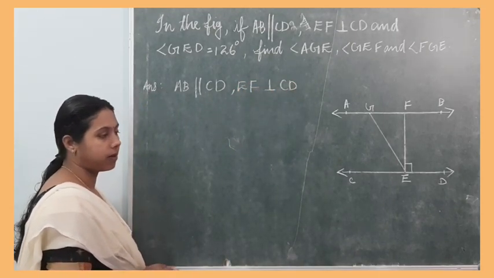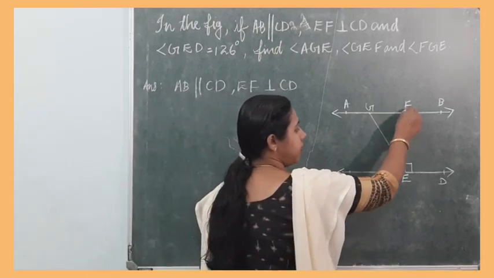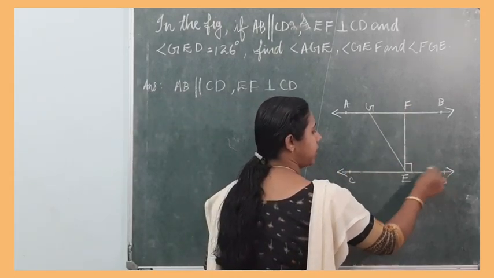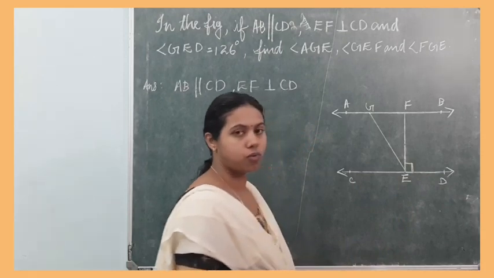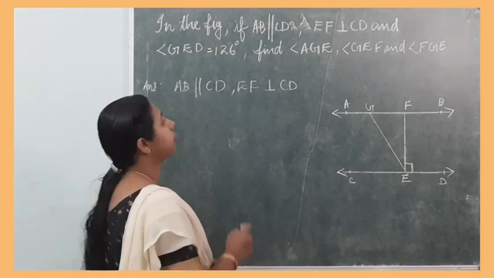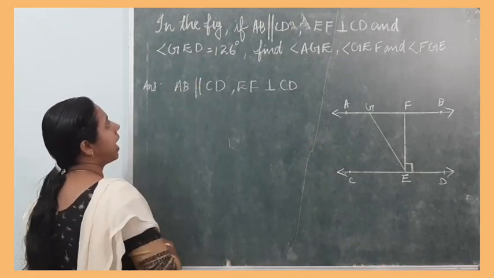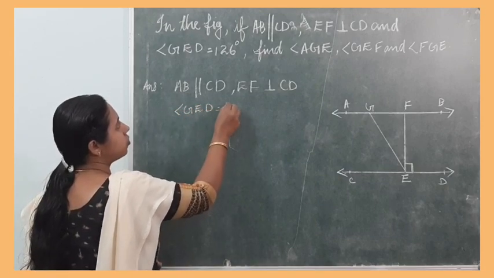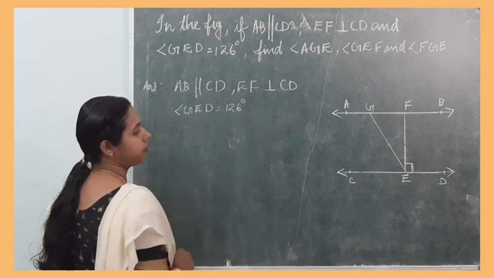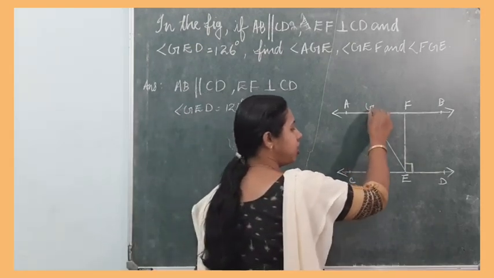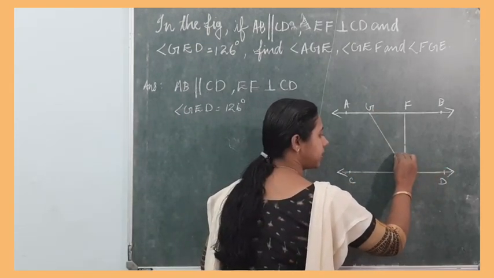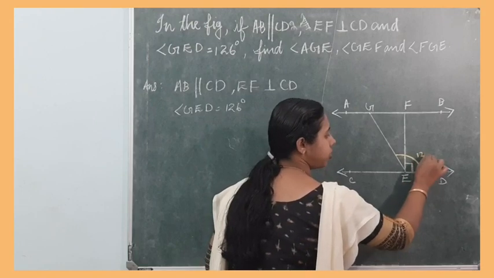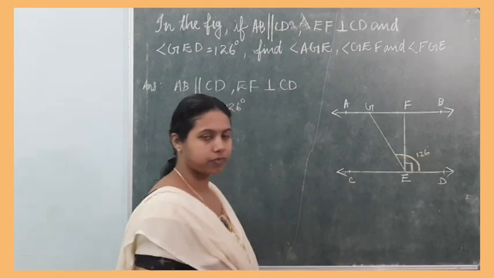These two things are given. So if EF is perpendicular to CD, that means this angle is equal to 90 degree. And one more thing is given, angle GED is equal to 126 degree. Angle GED. So this angle is equal to 126 degree.